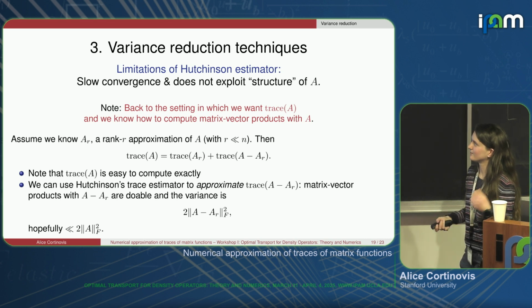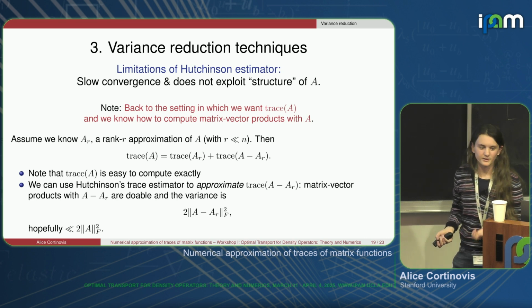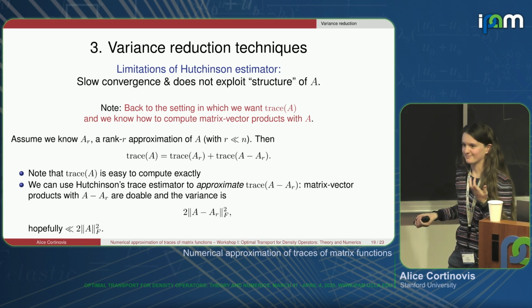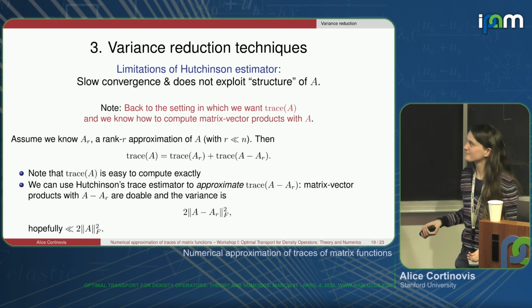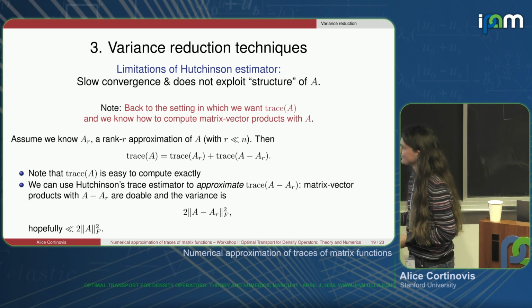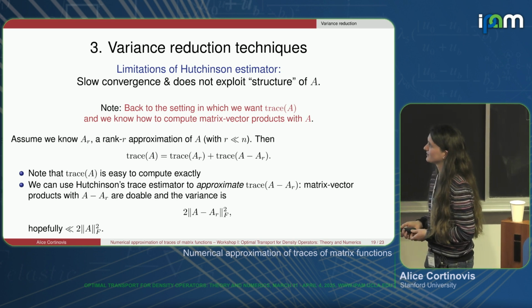Let's go back for a minute to the Hutchinson trace estimator. The main problem is that it's painfully slow to converge. So let me tell you a bit how one can address that.